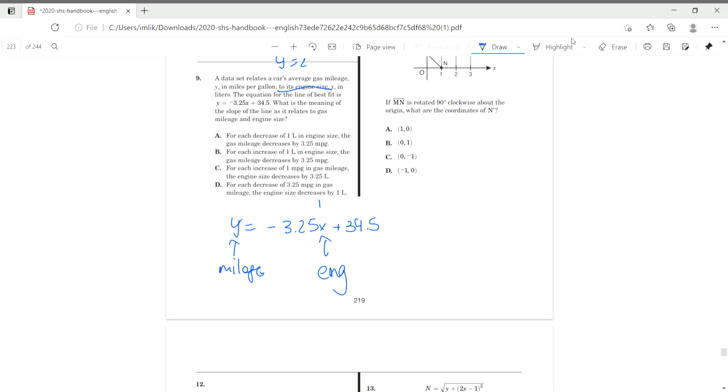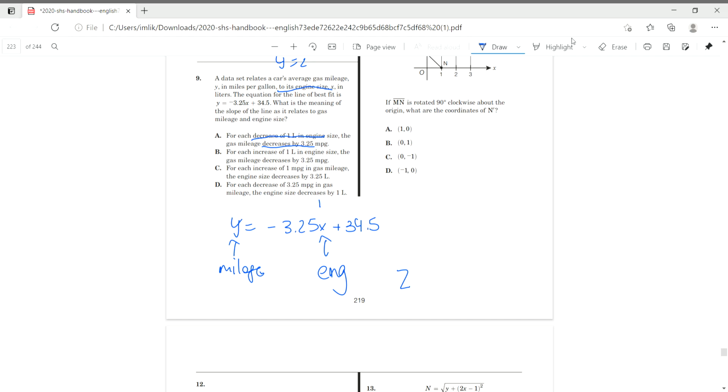Okay, so notice the key detail is, for every decrease in 1 liter engine size, the gas mileage is decreased. Well, no. If our x is 2, that means we'll have to do negative 6.5 plus 34.5, which decreases our mileage.